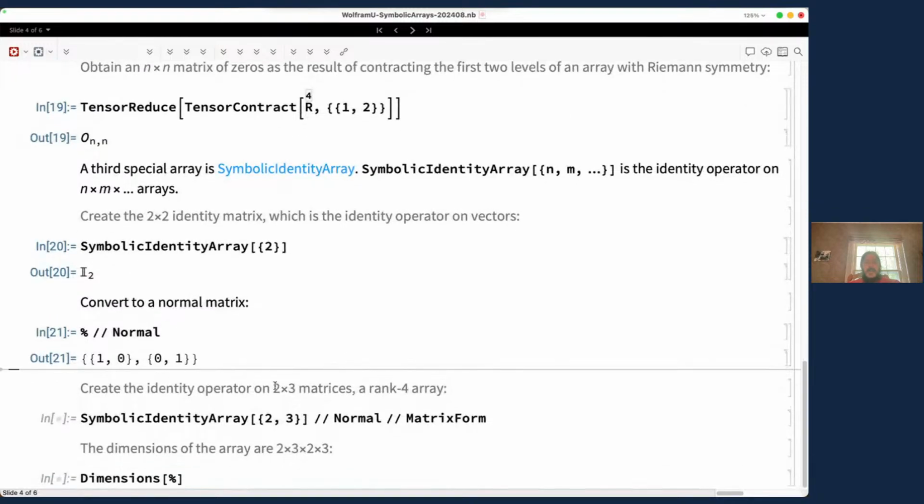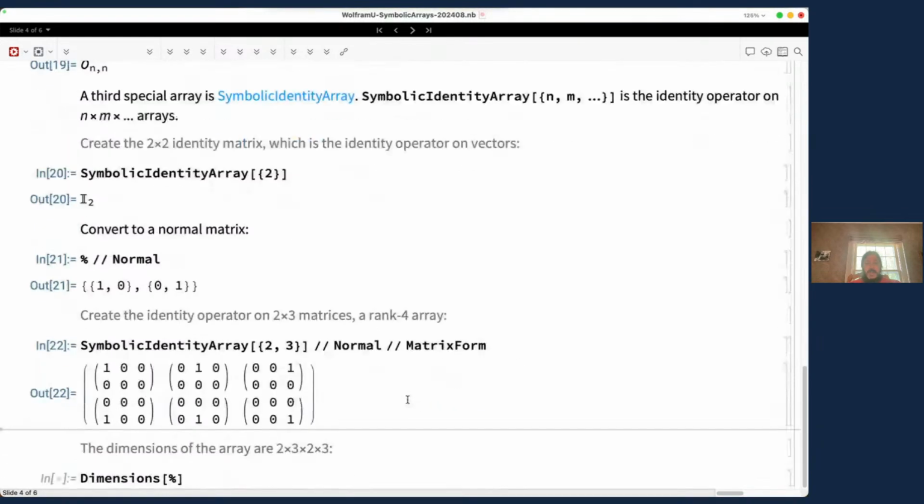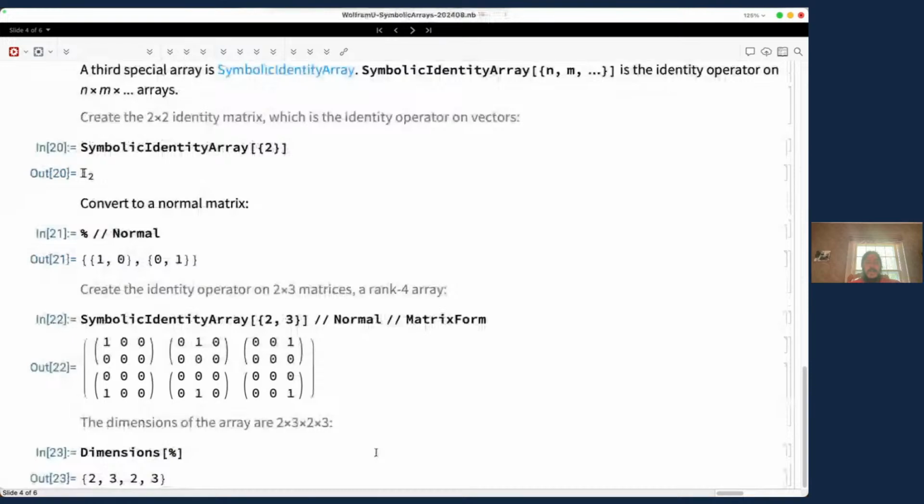I can create the identity operator on 2x3 matrices. That's going to be a rank 4 matrix. So we have a 2x3 matrix of 2x3 matrices. And if we look at the dimensions of that, it confirms that interpretation. So you get double the rank of what you see in the list because it's the identity array on those arrays.